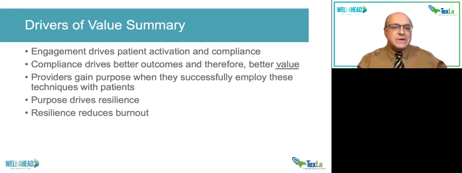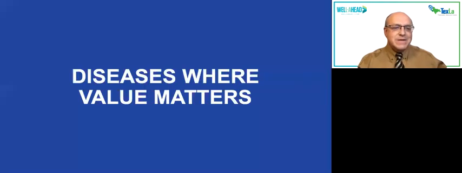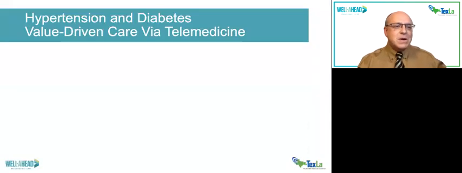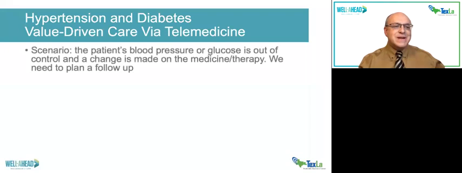So there are two big diseases that value matters these days. Most people are getting tracked on this right now. And I'm going to talk a little bit about hypertension and diabetes value-driven care via telemedicine. So this is the scenario. A patient's blood pressure or glucose is out of control and a change is made in their therapy.